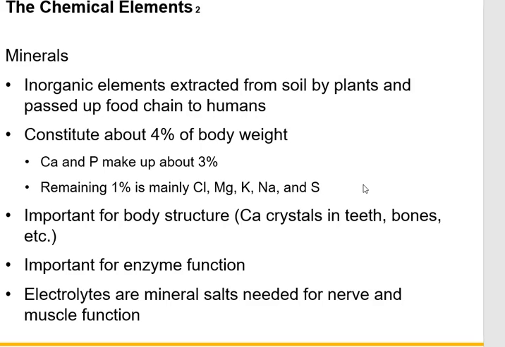We won't learn all 24 of the atoms that make up our body, but some of the ones that we're going to be really talking about are chlorine, like sodium chloride, and magnesium, calcium, sodium, and sulfur. So sulfur is going to be important because it holds our proteins together.